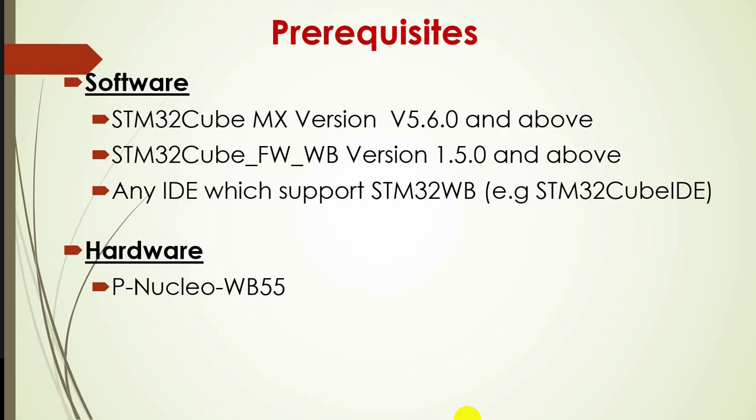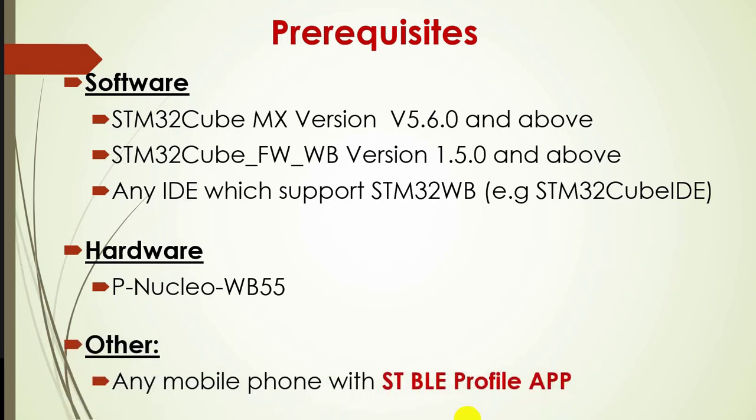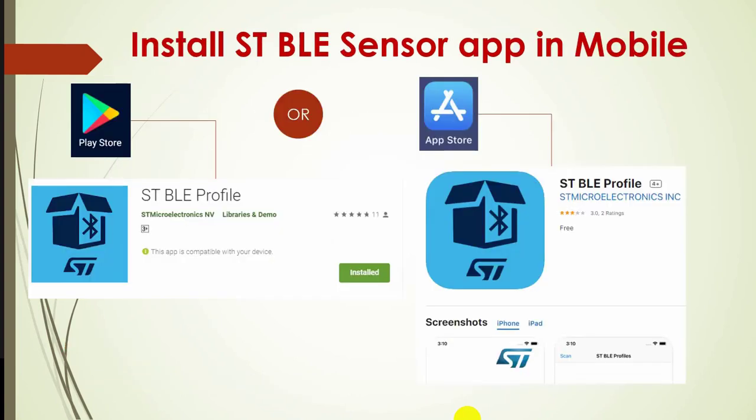In hardware, we will be using the P-Nucleo WB55, which is a development board from ST Microelectronics for STM32WB. And in others, we need a mobile app, which is the ST BLE Profile app, which you can download from the Play Store or Apple App Store.